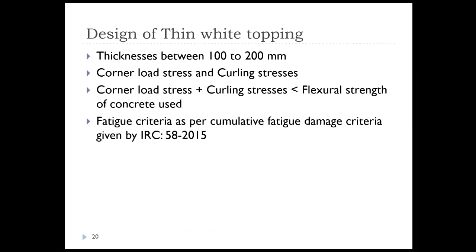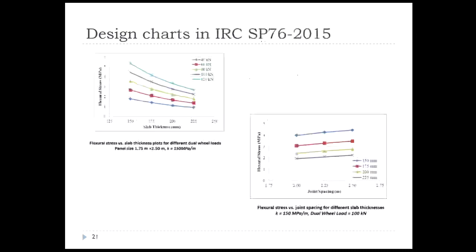If our traffic volumes are higher, the fatigue criteria given by IRC 58 2015 shall be considered. There are design charts which are proposed for different panel sizes. You can choose the particular chart based on the panel size you are initially selecting as the trial panel size.